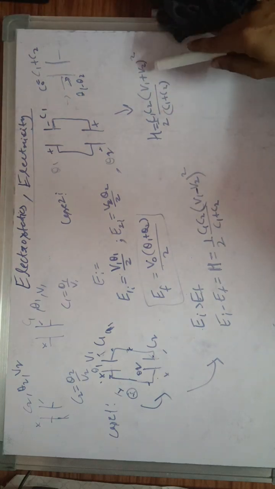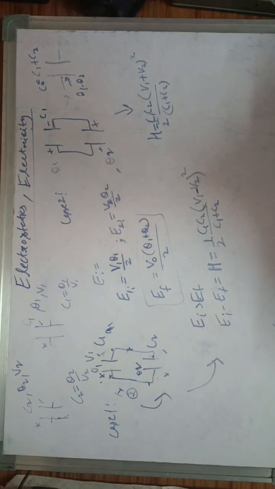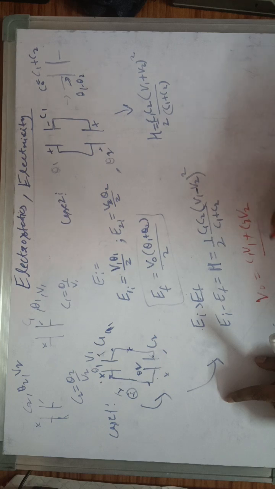So the heat loss in this case is given by the sign in this case. In the case of V0, we saw that the sign here was C1V1 plus C2V2 divided by C1 plus C2.